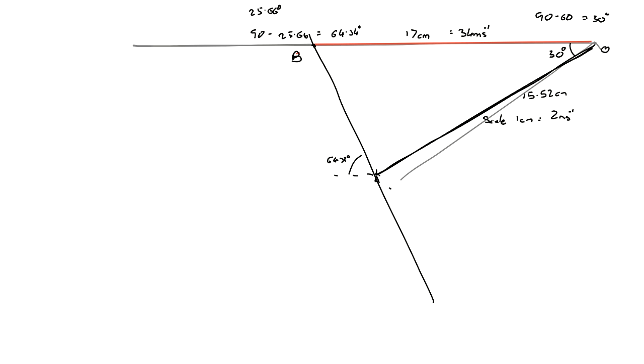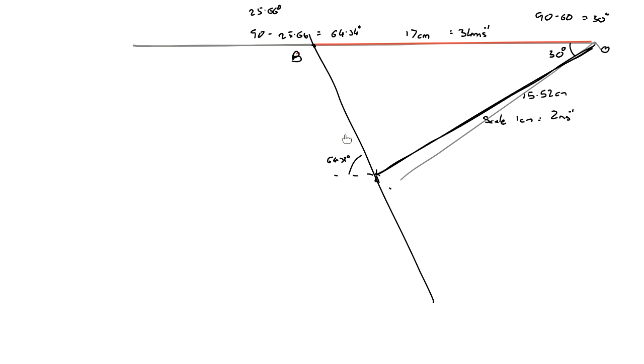Now, because this is all to scale, the velocity of B with respect to A can also be worked out if we want, but we don't need that in the question. Okay, we're measuring the length of that line. So the answer to part 1 is 34.1 meters per second. It's gotten by drawing this velocity diagram.